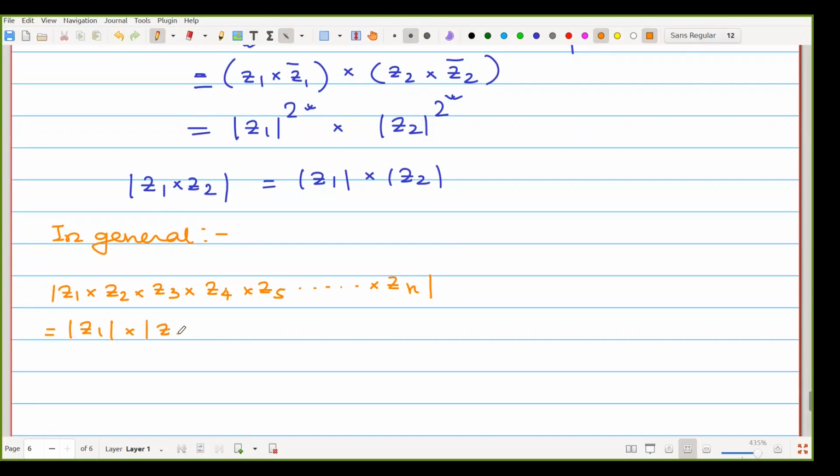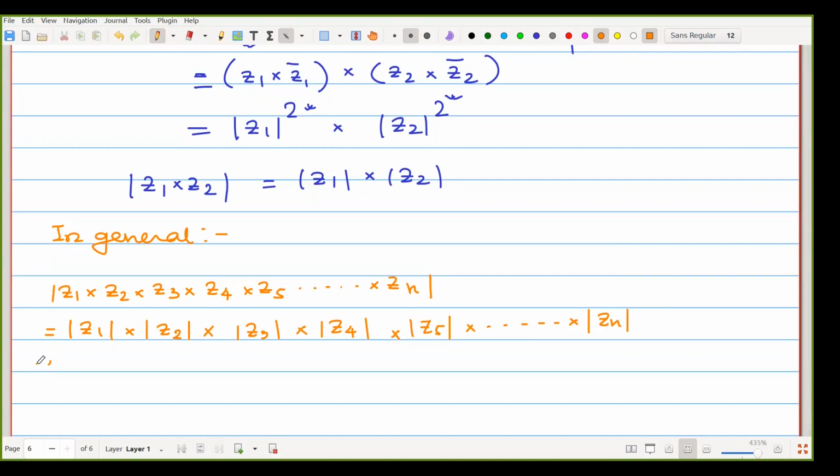That means modulus of z1, modulus of z2, modulus of z3, modulus of z4, modulus of z5, up to modulus of zn.